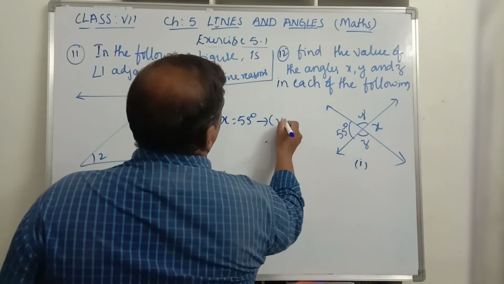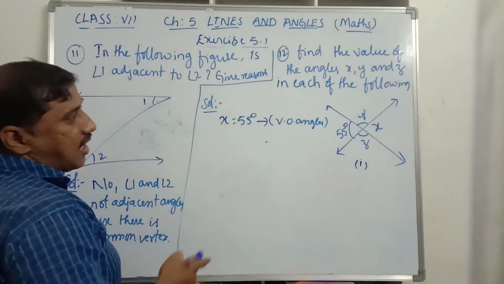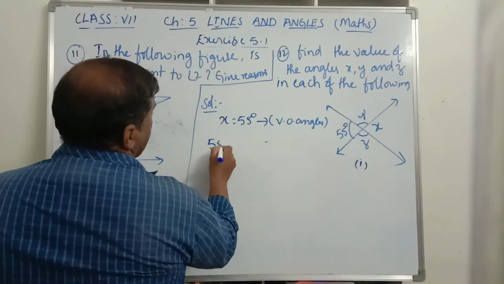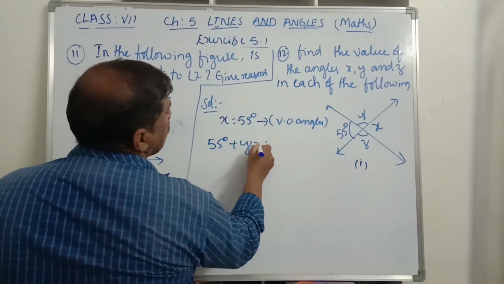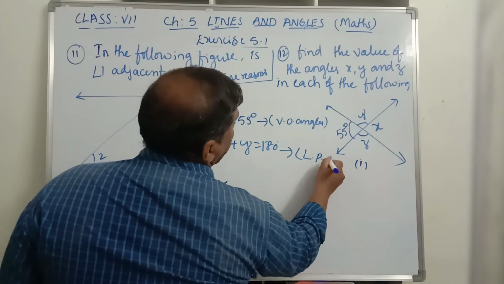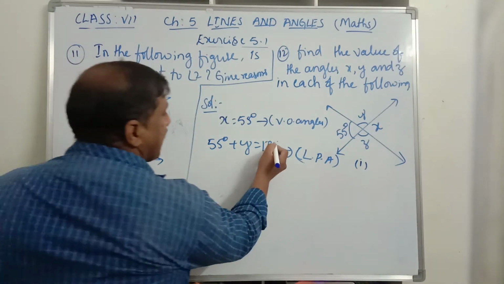Write the reason: vertically opposite angles. Now what about this 55 degrees and Y? 55 degrees plus Y is equal to 180 degrees. That is a linear pair of angles, whose sum is equal to 180 degrees.